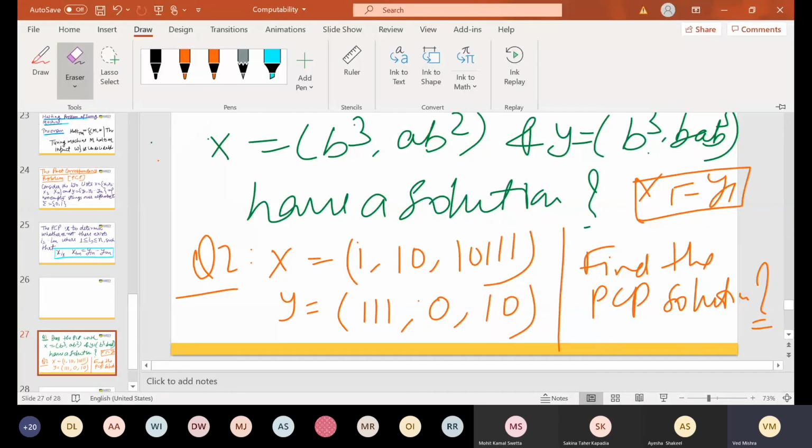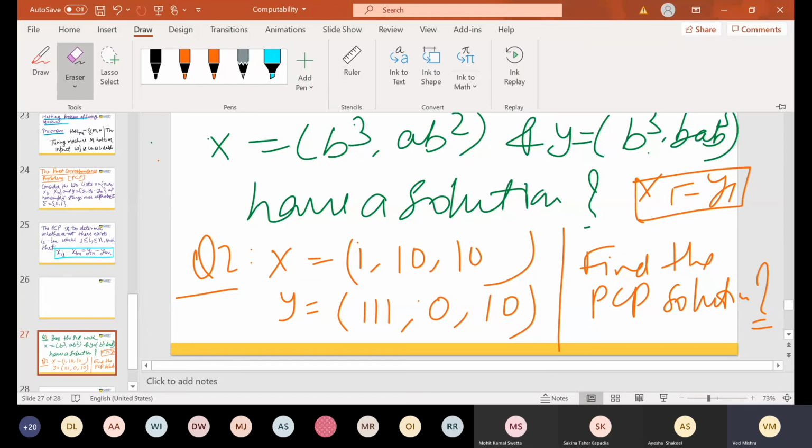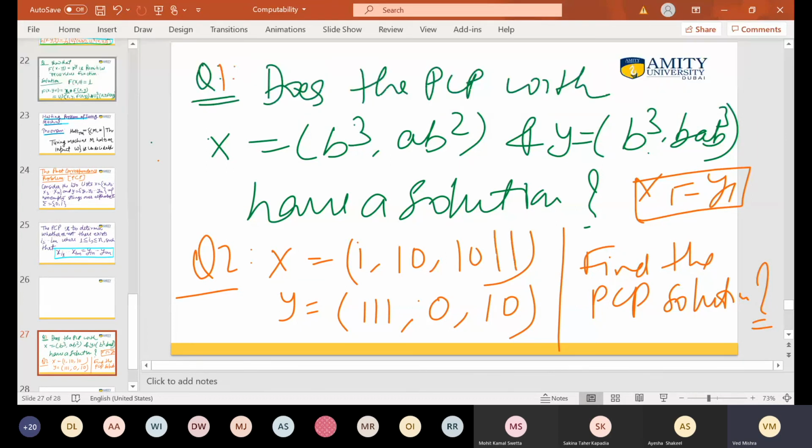You consider 2 1 and check. Check this thing though, 3 1 1 2.